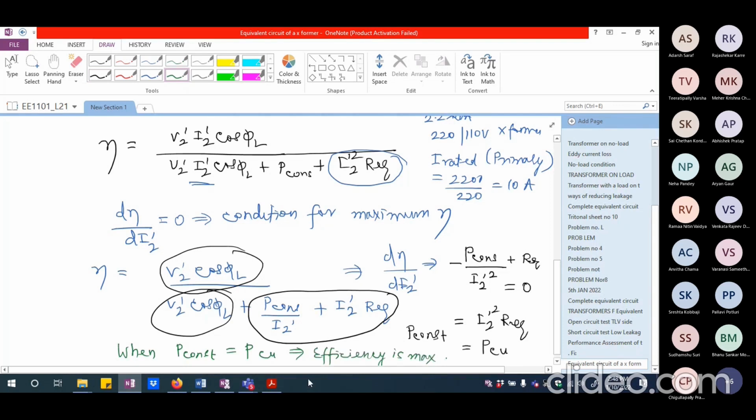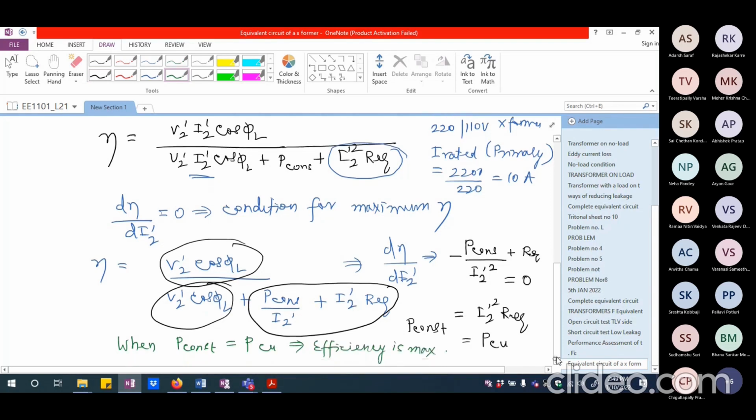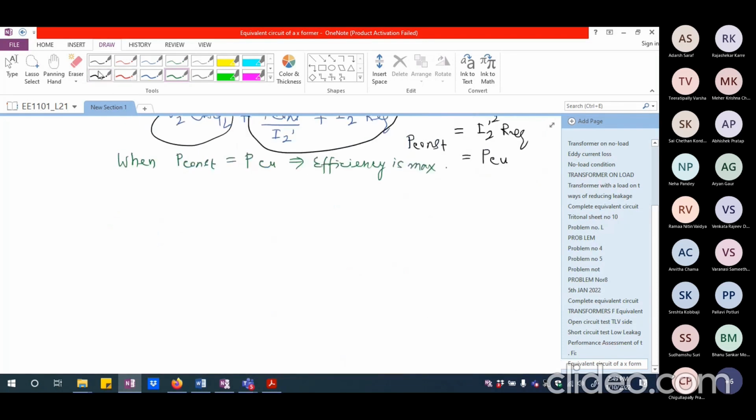Let's understand the statement's meaning. Let's say I have the same transformer, a 2.2 kVA, 220 volts by 110 volts transformer. Let us say the constant loss in this particular case is, arbitrarily, 50 watts.